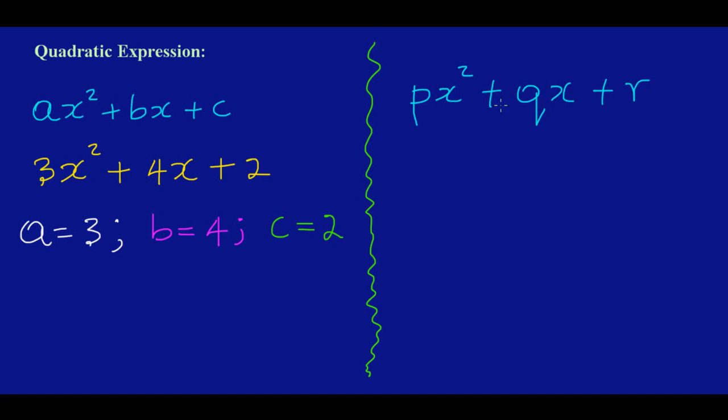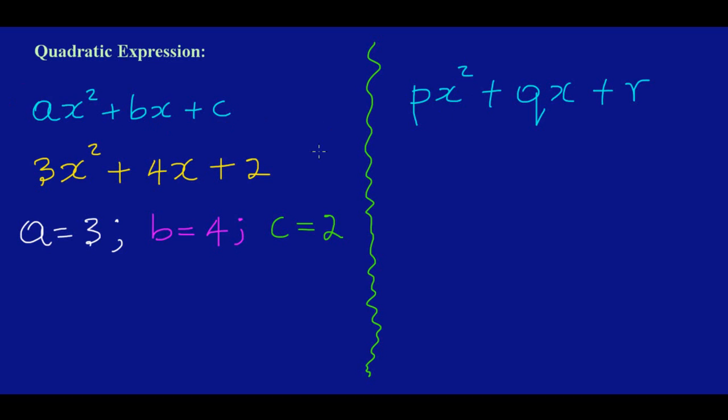As you notice, I just changed the variables, but if you look carefully, it is the same thing. If in any area of math you come across a quadratic that is not in this form, it doesn't mean that it's not a quadratic. What makes it a quadratic is the fact that the highest power of the variable x is 2, or x squared.